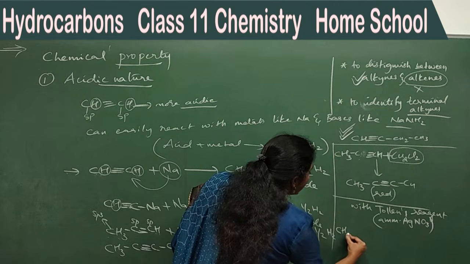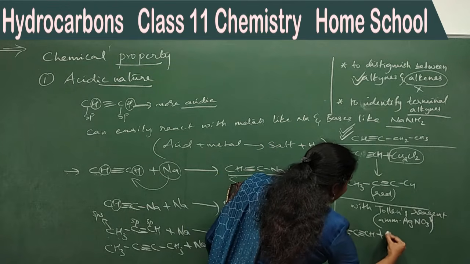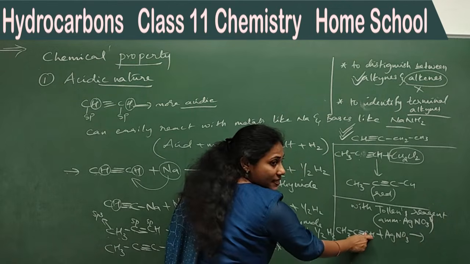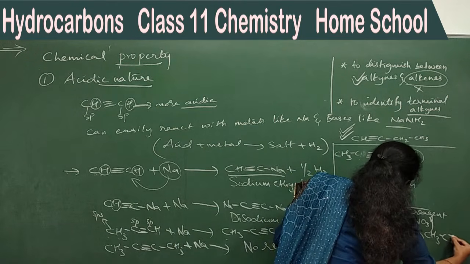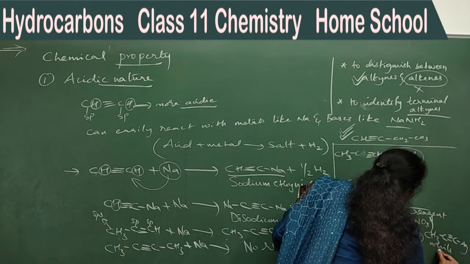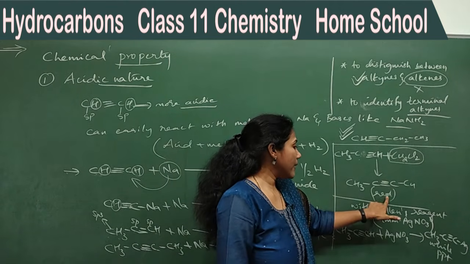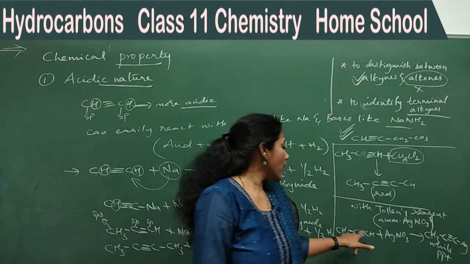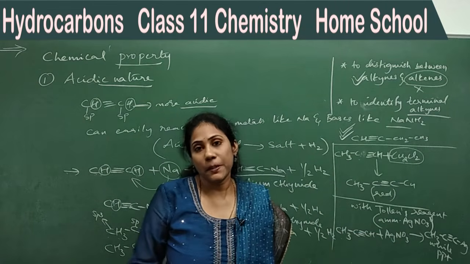So when a terminal alkyne, that is CH3-C≡CH, reacts with ammoniacal silver nitrate, silver gets replaced in the place of hydrogen, and you will get CH3-C≡C-Ag, and this is actually a white precipitate. Okay, so with cuprous chloride you get a red precipitate. A terminal alkyne should have acidic hydrogen. So acidic hydrogen containing alkynes, when they react with Tollen's reagent, give a white precipitate.